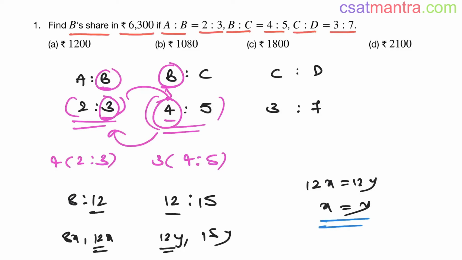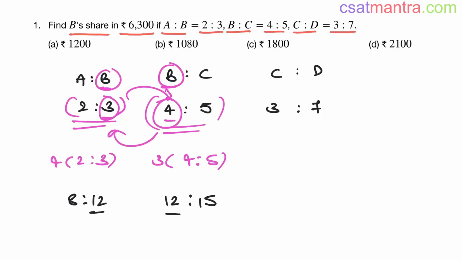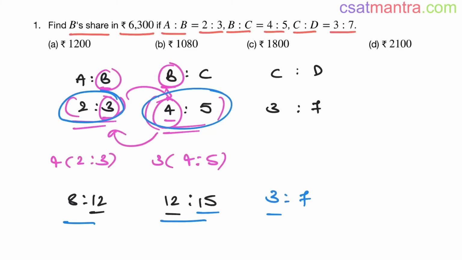The problem is getting simpler here. Instead of y, you can write x. So these two ratios have been scaled up as 8 is to 12, 12 is to 15. Now C is to D is 3 is to 7. We have to make C equal in both the ratios. When we are making C equal, we shouldn't be altering B, my friends. Otherwise, what's the point in making B equal, right?